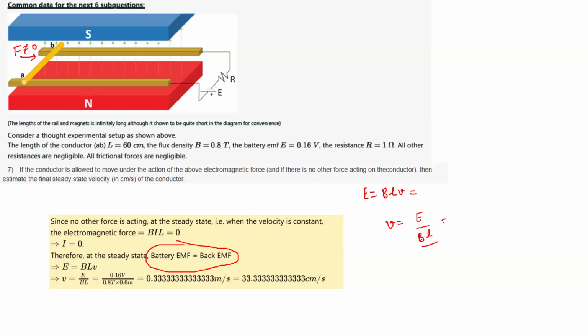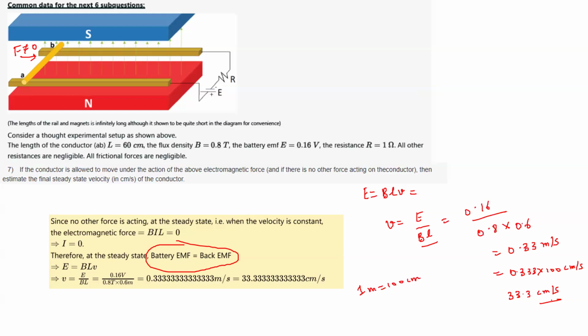E is 0.16 by 0.8 into 0.6, which gives 0.33 meter per second in SI units. Converting to centimeter per second, since 1 meter is equal to 100 centimeter, 0.333 into 100 gives 33.3 centimeter per second.